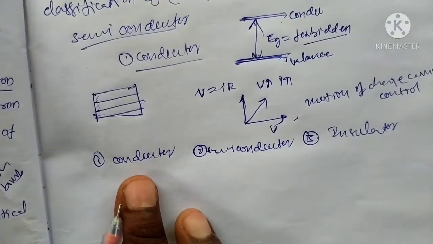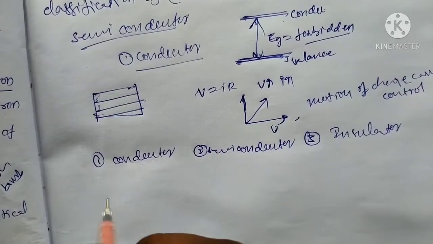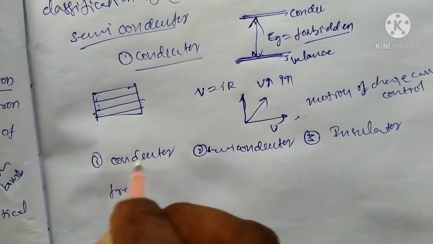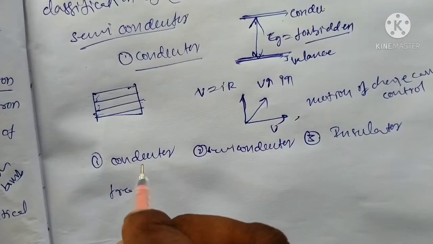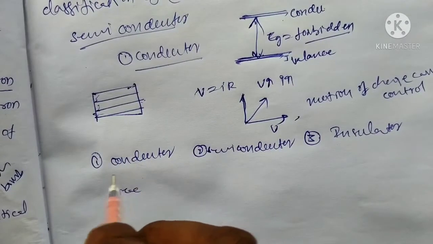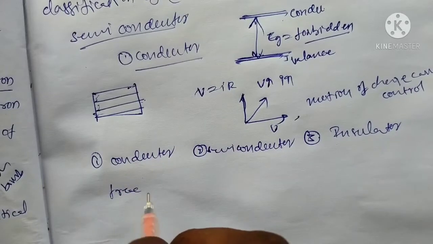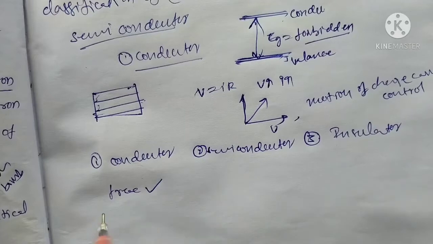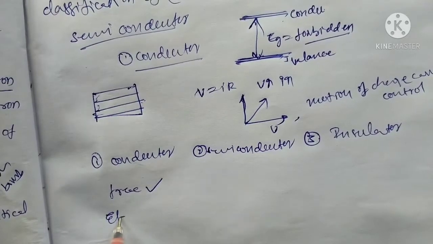Okay, in the case of conductors, a large number of free electrons is there. According to band theory we can explain, but in the conductor the free electrons are more, so they exhibit high electricity.